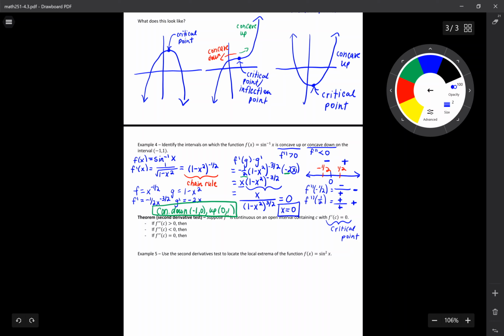So if f double prime of c is greater than 0, this means that f has a local min at c. If f double prime at c is less than 0, that means f has a local max at x equals c.